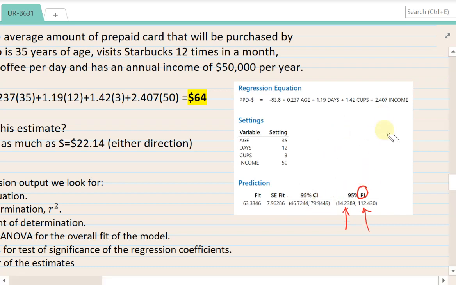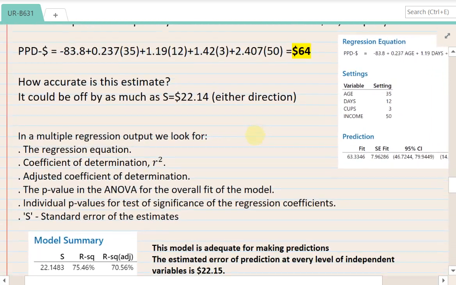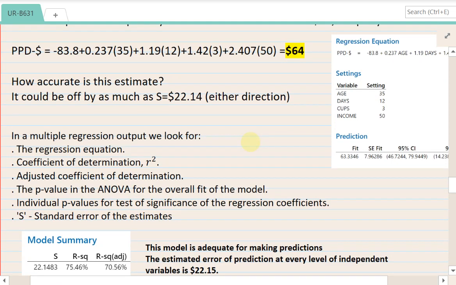But nonetheless, Minitab gives you that. Now, how accurate is this estimate of $64? Well, this estimate could be off by as much as $22.14. And that's what the S does. Remember, we did that in our simple regression model. So any prediction you make could be off by as much as $22.